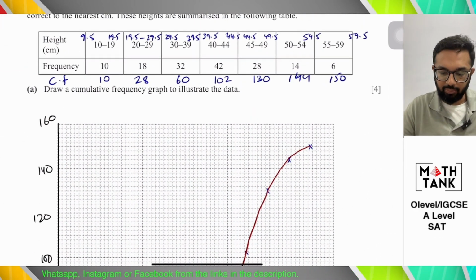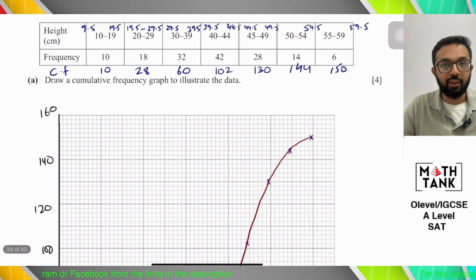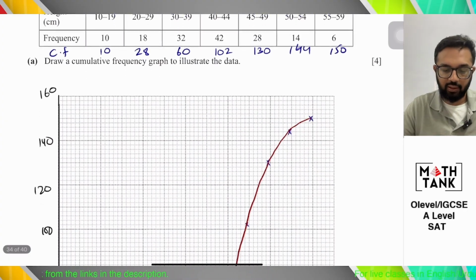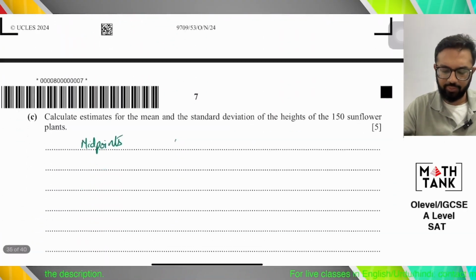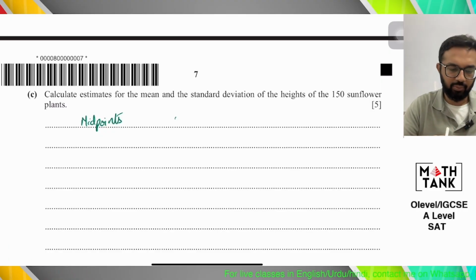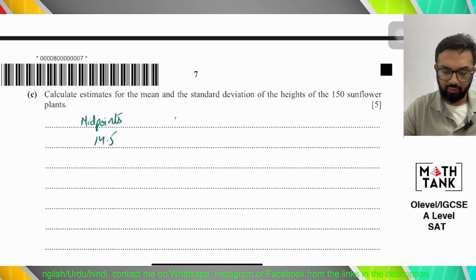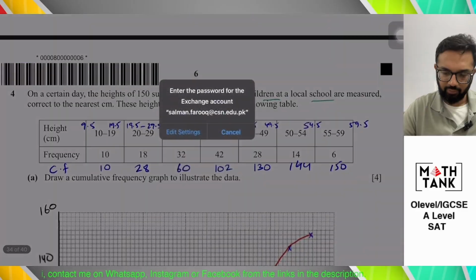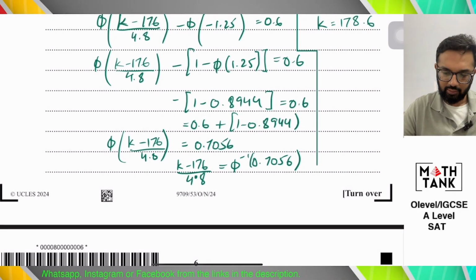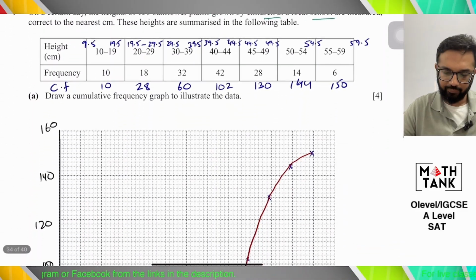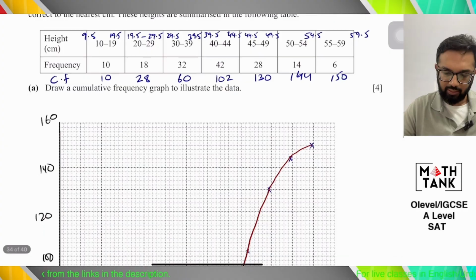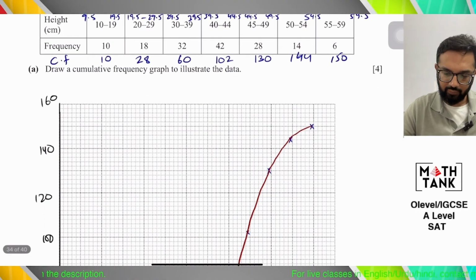So the first midpoint would be (10 plus 19) divided by 2, and the first midpoint is coming out as 14.5, because for mean and standard deviation you need the midpoints: 14.5, and then we have 24.5, 34.5.